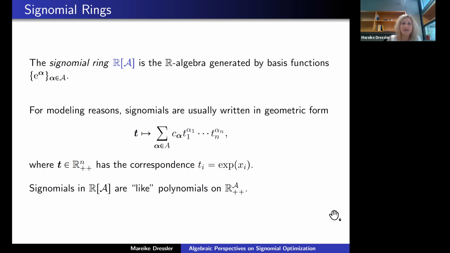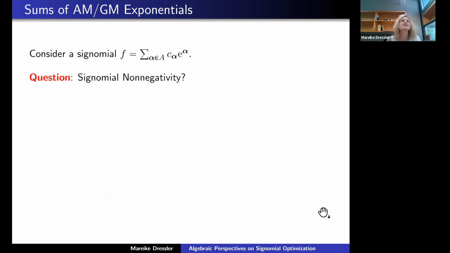All right, so this is our setup. Let's now consider a specific Signomial. Since our optimization problem was reduced to the question of non-negativity of such a Signomial, the question is now: how can we check Signomial non-negativity? First of all, note there is one very easy case, the Posinomial case.